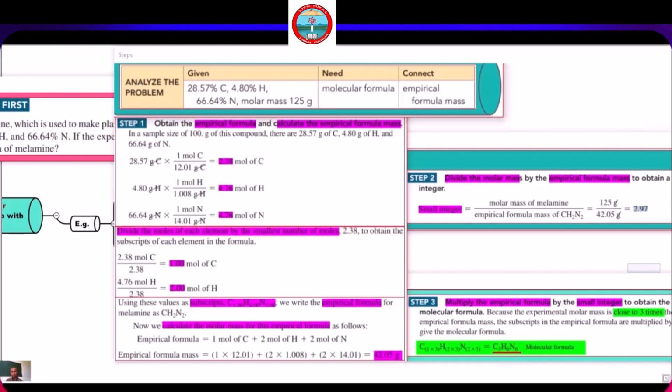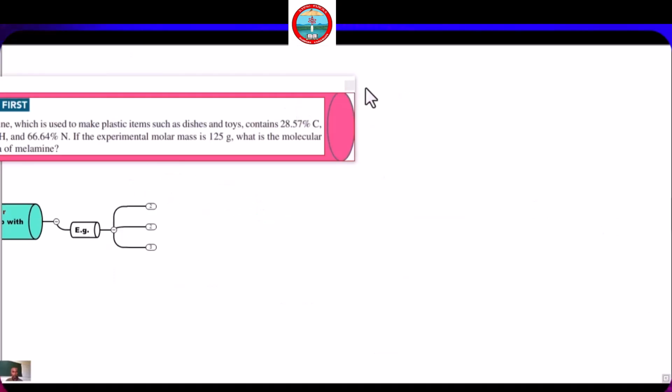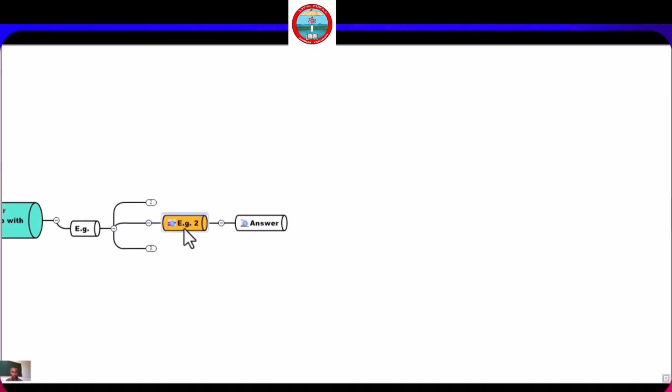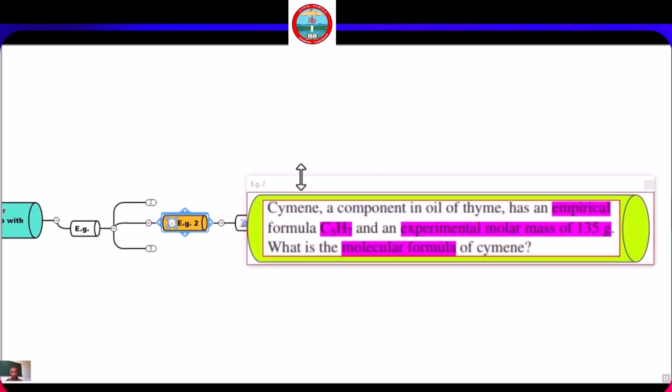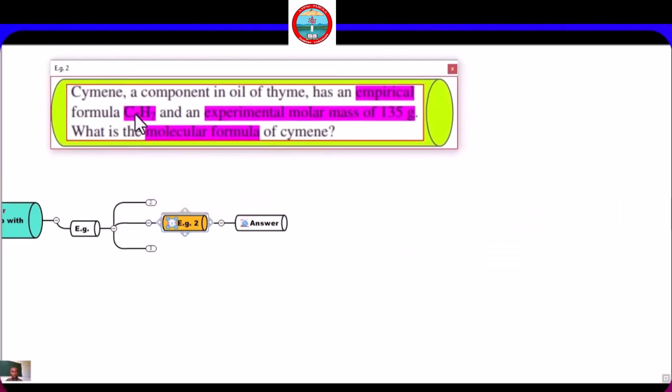This is one example. The second example is this one. Example 2 is given that the empirical formula is C5H7, and the experimental molar mass of the compound is 135. You are asked to calculate the molar mass.